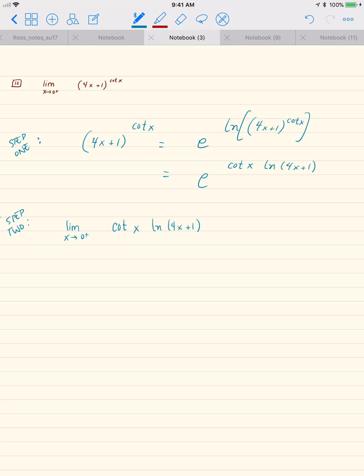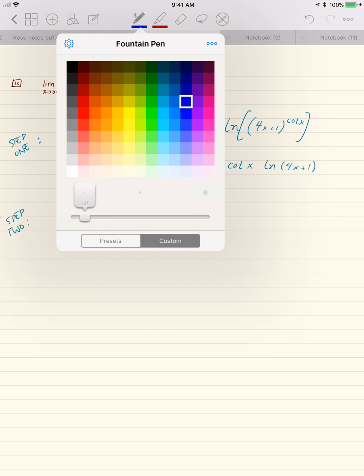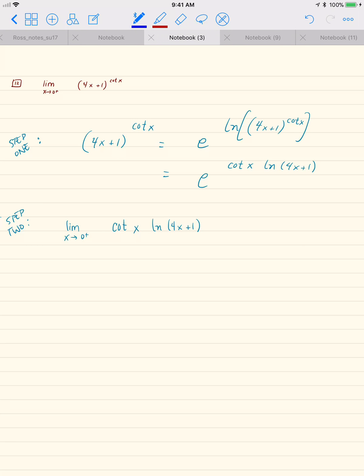Now, let's take a look at what we have here. As x approaches 0 from the right, natural log of 4x + 1 is going to approach 0, because 4x + 1 is approaching 1 and natural log of 1 is equal to 0.